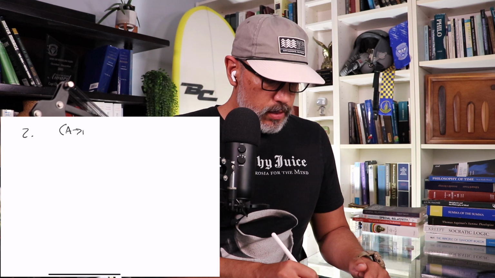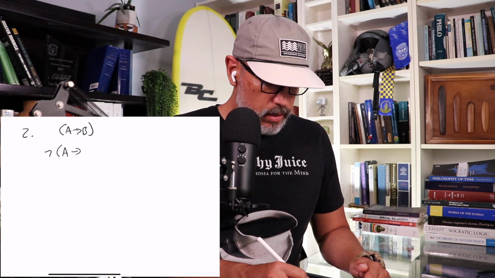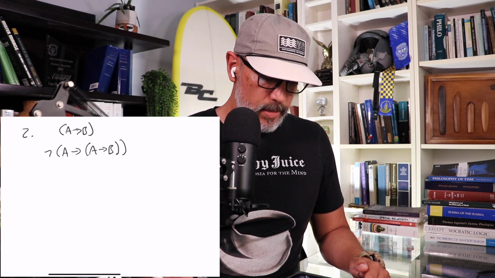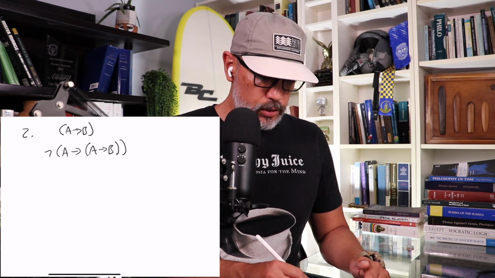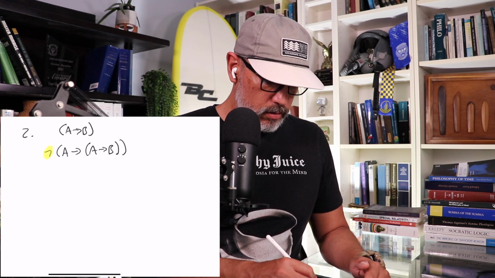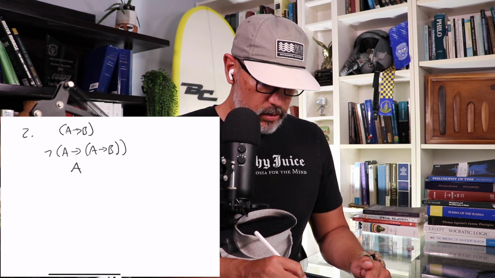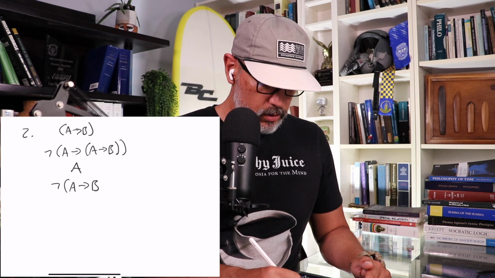Number 2, if A, then B, not if A, then B. Okay, so first let's do the negation of that conditional. I'm talking about this negation of this conditional right here. So that looks like this, A, not if A, then B, check.